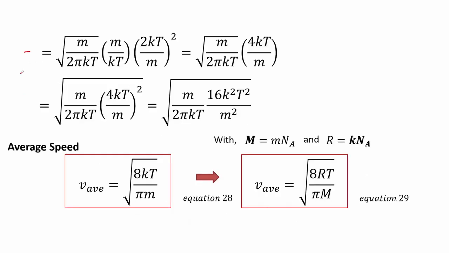Finally, we arrive at an equation for the average speed of gas shown in equation 28. We can also express it in terms of the gas constant R, shown in equation 29.